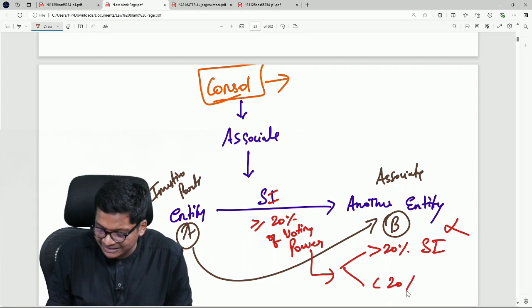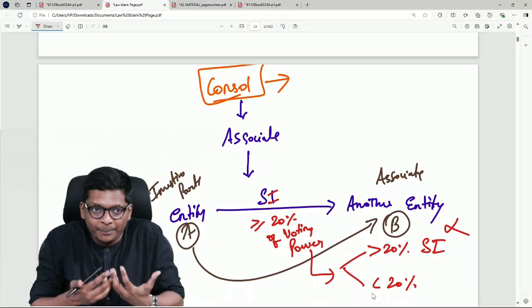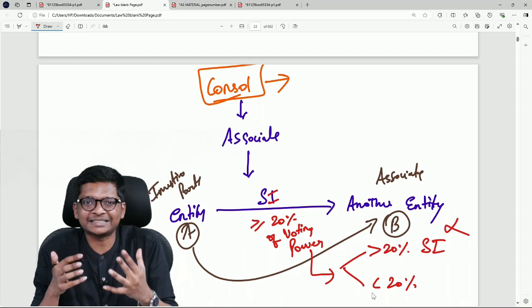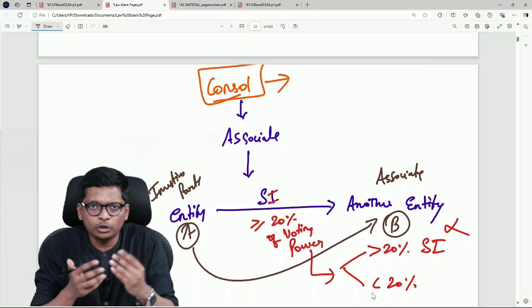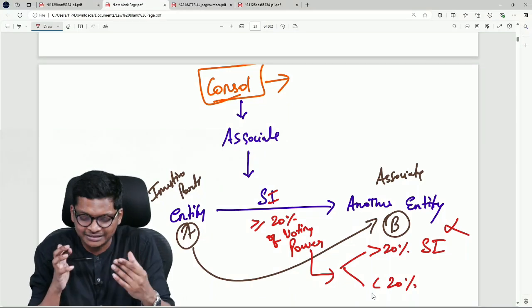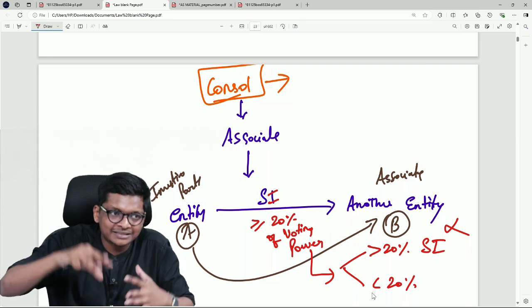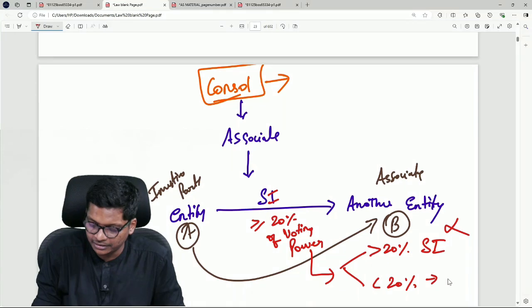Sometimes even if you have less than 20%, I have only 7%, I have only 1%, but I can influence. For example, Dhoni in CSK might not have 20% shares of CSK, maybe 1, 2, 5, 10% shares of CSK, but he has the ability to influence CSK's decisions.